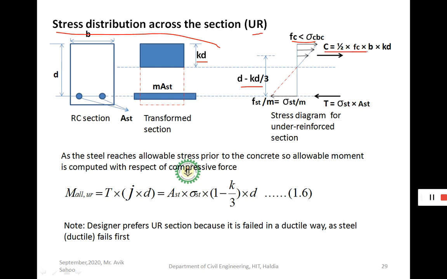We get the total forces from the stress diagram. We get the compressive force of this triangular prism. Now the total tensile force is equal to sigma st into area of steel.